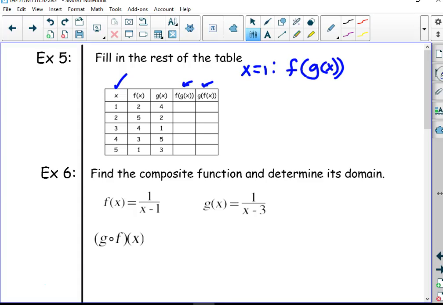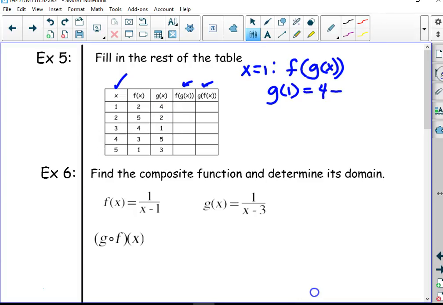I think I wrote it in the old school way instead of the circle notation. Yeah, sorry about that. It's a habit. So what I'm going to start with is the inside function, g of 1. And looking at my table, at x equals 1, g is equal to 4. Okay, that's the first step.